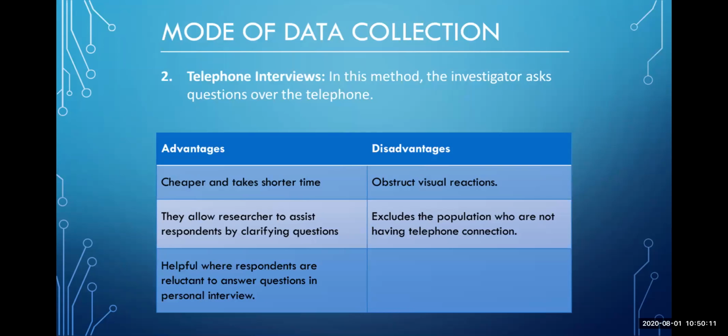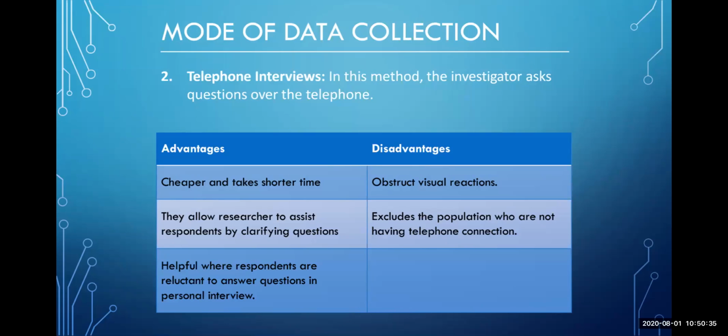The second mode of data collection is telephonic interview. In this method, the investigator asks the questions over the telephone and tries to get the information through it. The advantage of this method is that it is cheaper and takes shorter time as compared to the personal interview, and it allows the researcher to assist the respondent by clarifying the question.